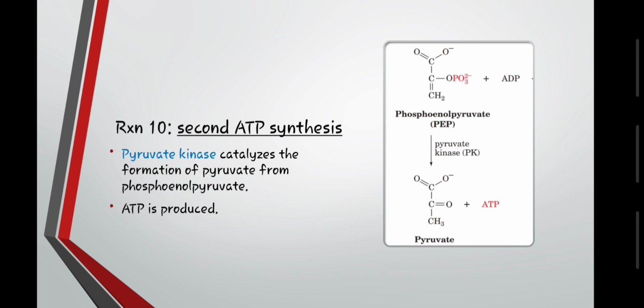The final reaction in glycolysis involves the second ATP synthesis. Pyruvate kinase catalyzes the formation of pyruvate from phosphoenol pyruvate, and ATP is also produced in this process.